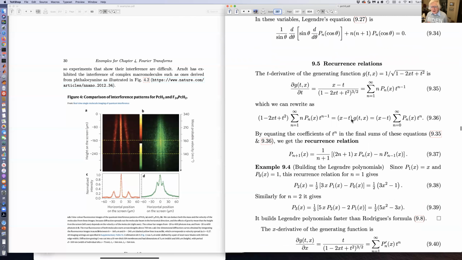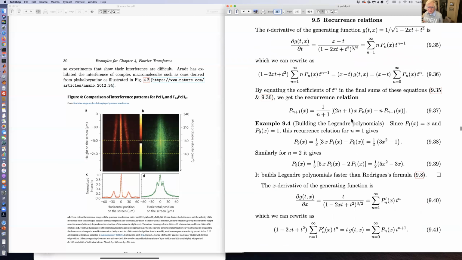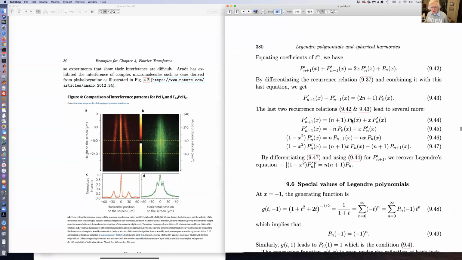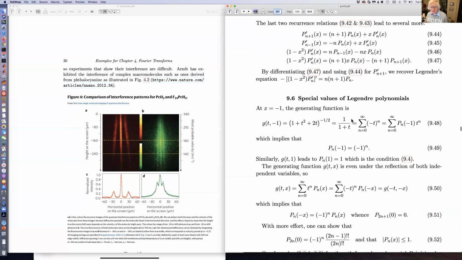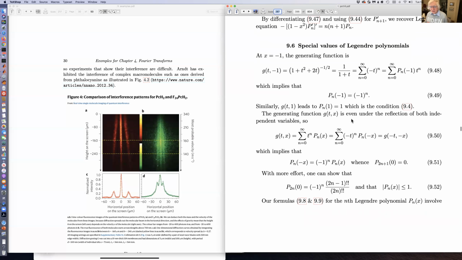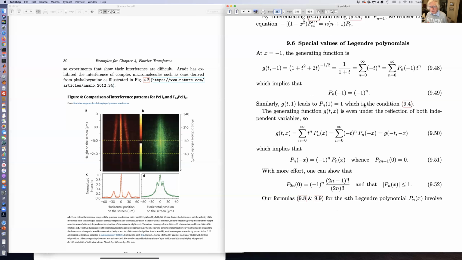So I mentioned there are various recurrence relations. I've never been all that interested in them. There are special values of the Legendre polynomials. Pn of minus 1 is minus 1 to the n. Pn of 1 is 1. That was Legendre's defining condition.